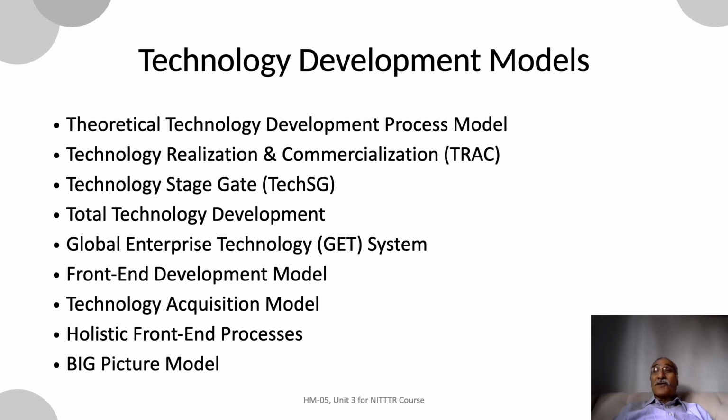Then the technology stage gate is a process that has evolved most importantly in terms of why and how different manufacturing processes can be integrated and how different supply chains can be arranged so that the product, as it comes out, as the technology process is developed, can be a more efficient, more reliable, and more standard product.